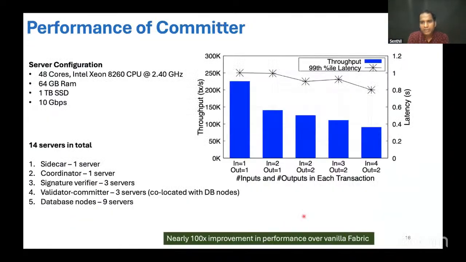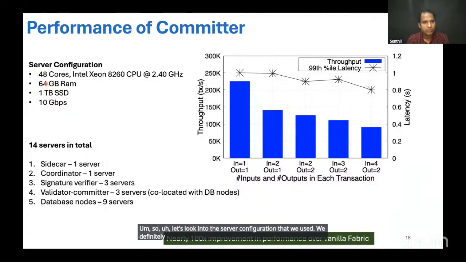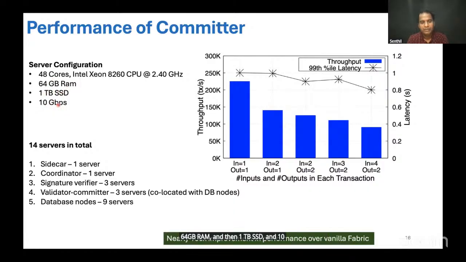Okay, so let's come to the performance of the committer. Let's look into the server configuration that we used. We definitely used some powerful machines: 48 cores, 64 GB RAM, 1 TB SSD, and 10 Gbps network bandwidth between the servers.